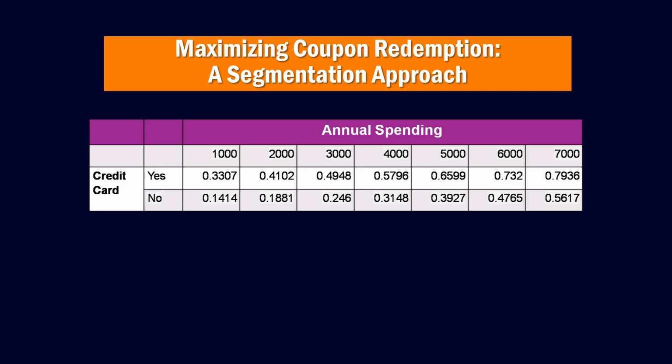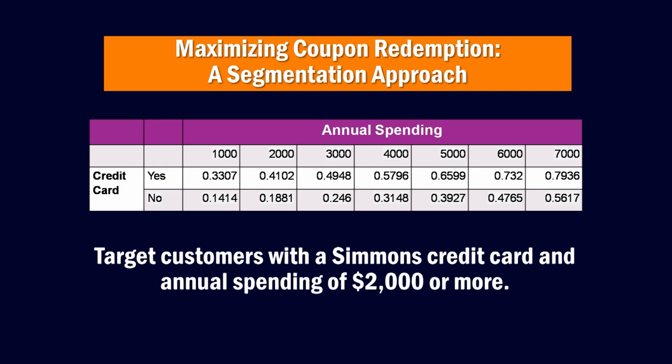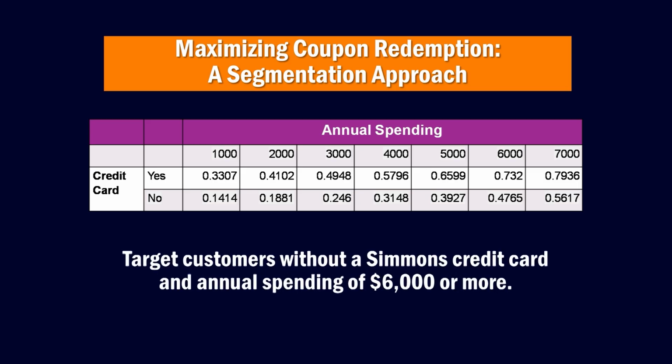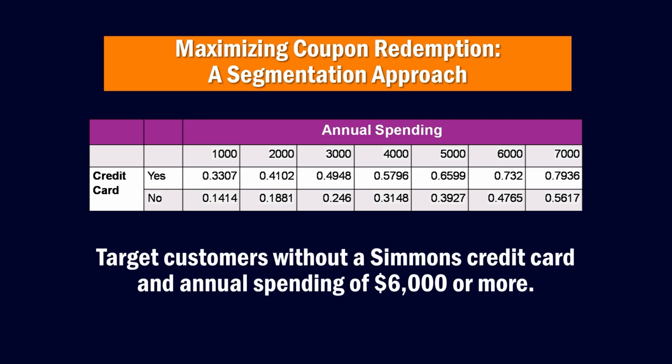So what from this table Siemens can decide is, they can target customers who are having a Siemens credit card and their annual spending is $2,000 or more. And then you could see the second row, the probability of 0.4 is coming for 6,000 and 0.5 is coming for 7,000.